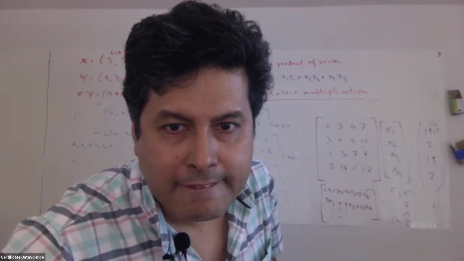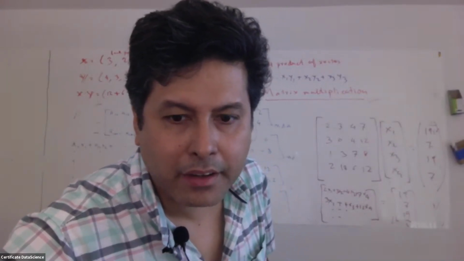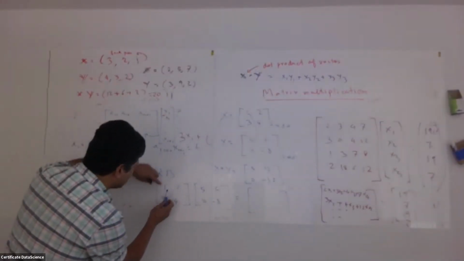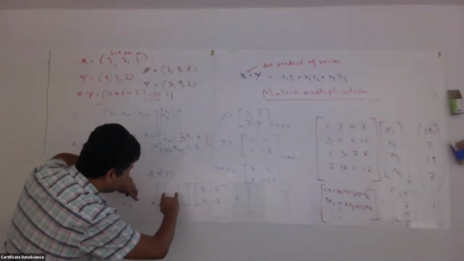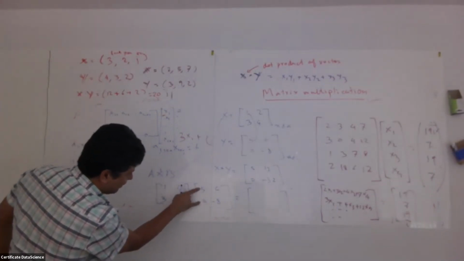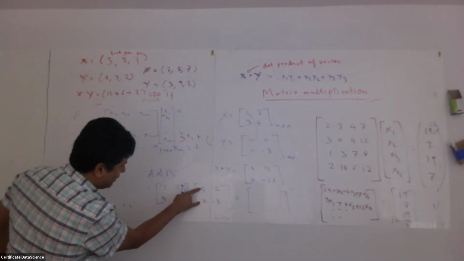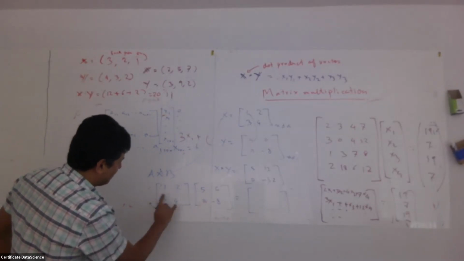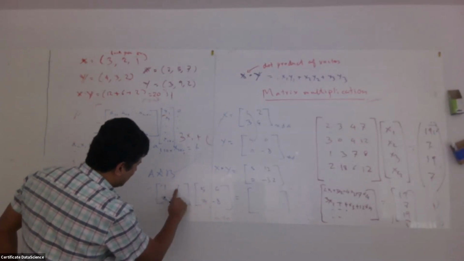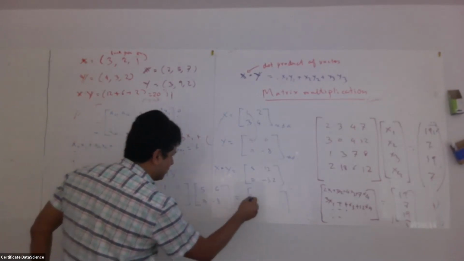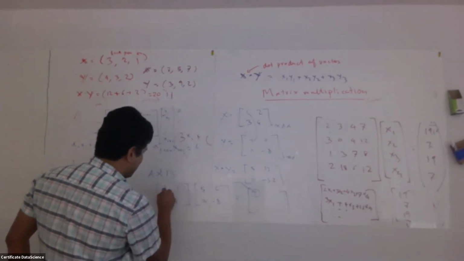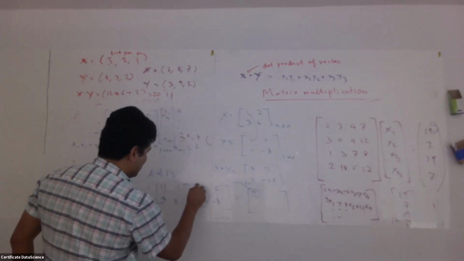Matrix multiplication multiplies element-wise and adds them. 1 times 5 is 5, 2 times 0 is 0, so that's 5. This is coming from this row and this column.